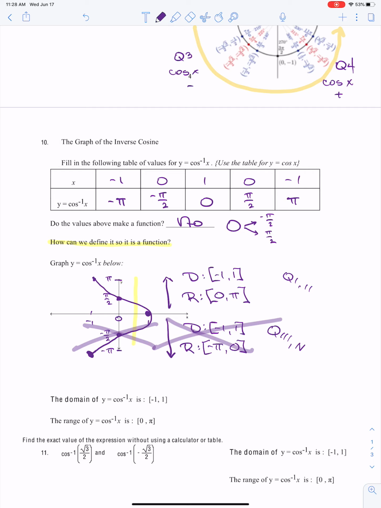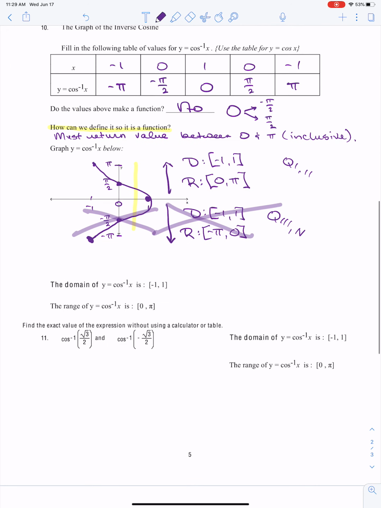So we're going to define it this way. Must return value, so our output between 0 and pi inclusive. We can use those. That restricts our inverse cosine to kicking out function values that fall or lie in quadrants 1 or 2.